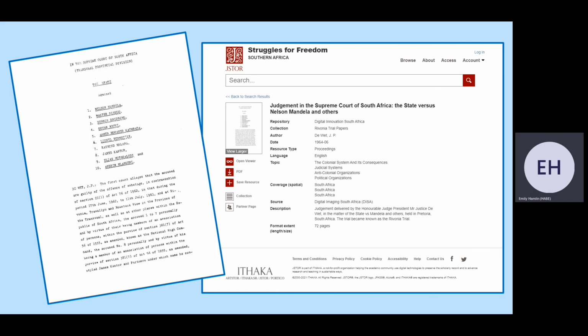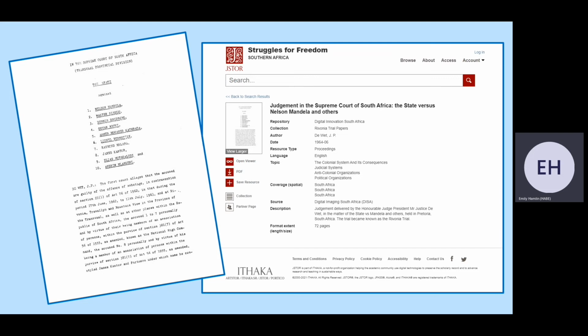I'll show you another. Here on the left-hand side is the judgment in the Supreme Court of South Africa, the state versus Nelson Mandela and others. These are the minutes taken at the trial of Nelson Mandela previous to him having 27 years in prison.